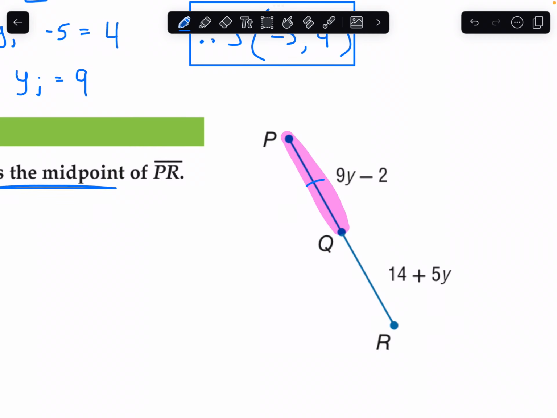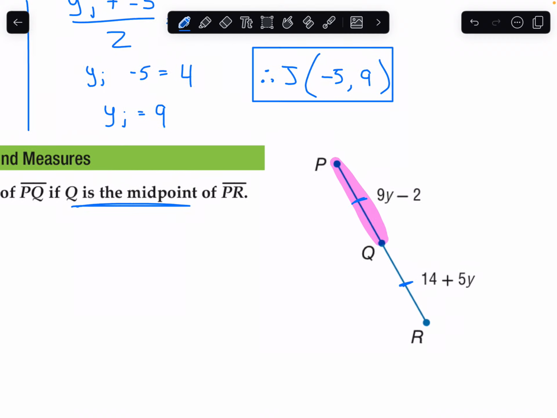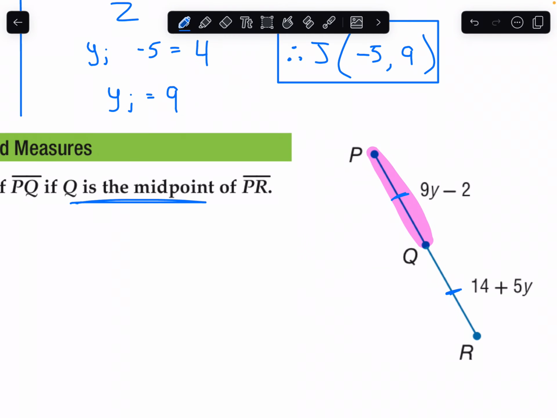That tells us that this segment is congruent to that segment, which means the distances are equal. So PQ equals QR, which means that the 9y minus 2 is equal to the 14 plus 5y.